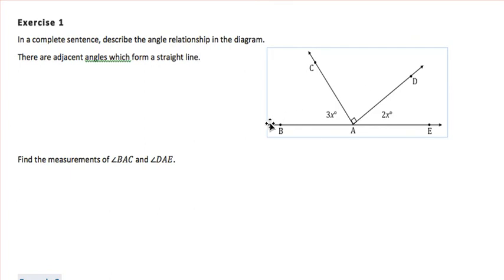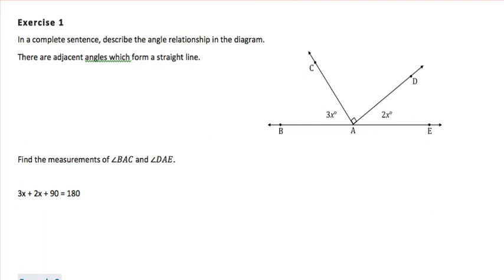We know that BAC is 3x and DAE is 2x, but we also know that CAD is 90 degrees because they have marked it as a right angle. So we would write our equation 3x plus 2x plus 90 equals 180 degrees.